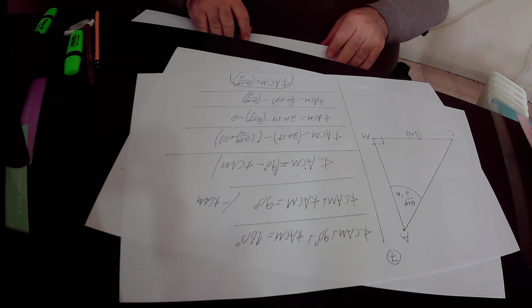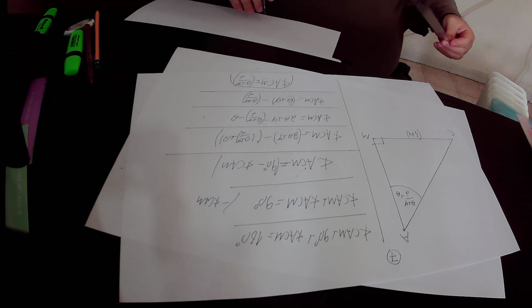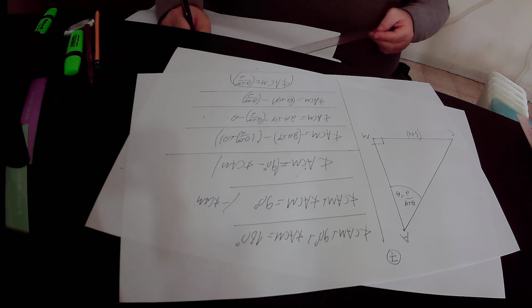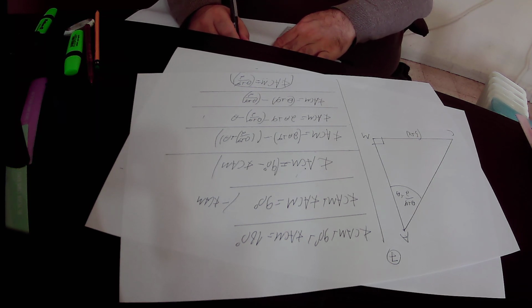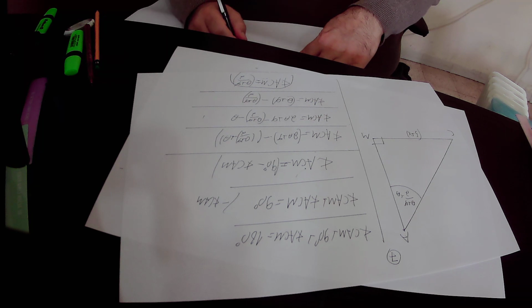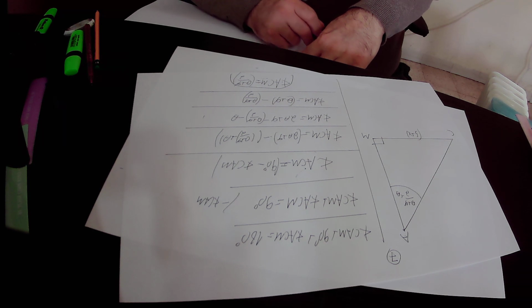So I will draw again the right triangle HCM, and we write down that angle ACM is equal to theta plus alpha over 2.